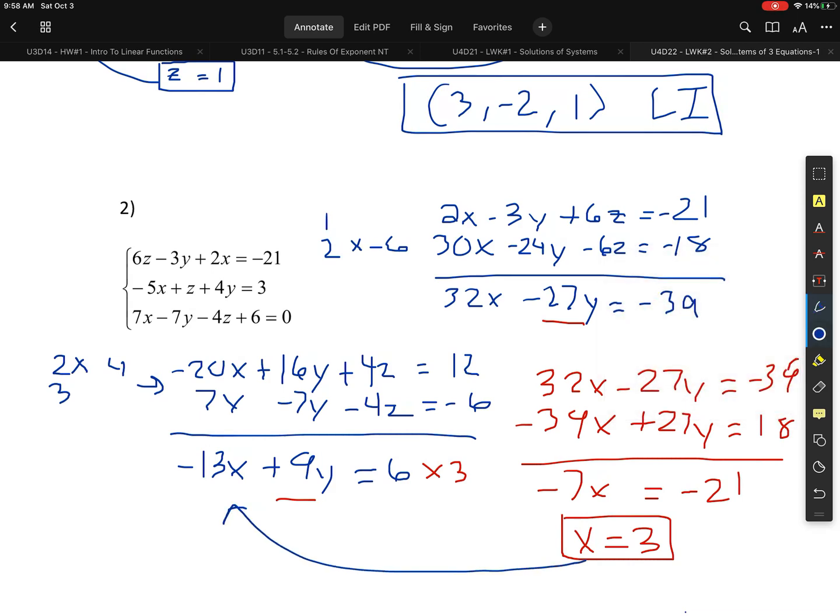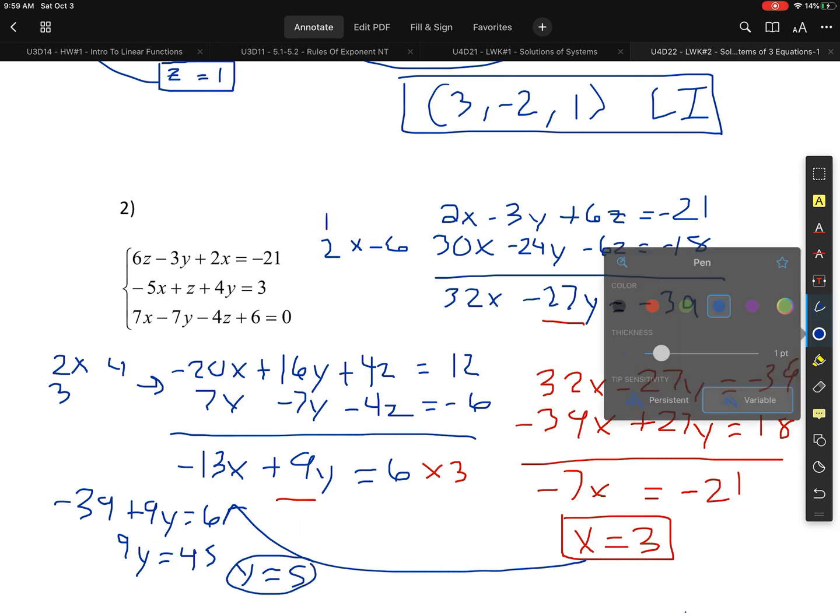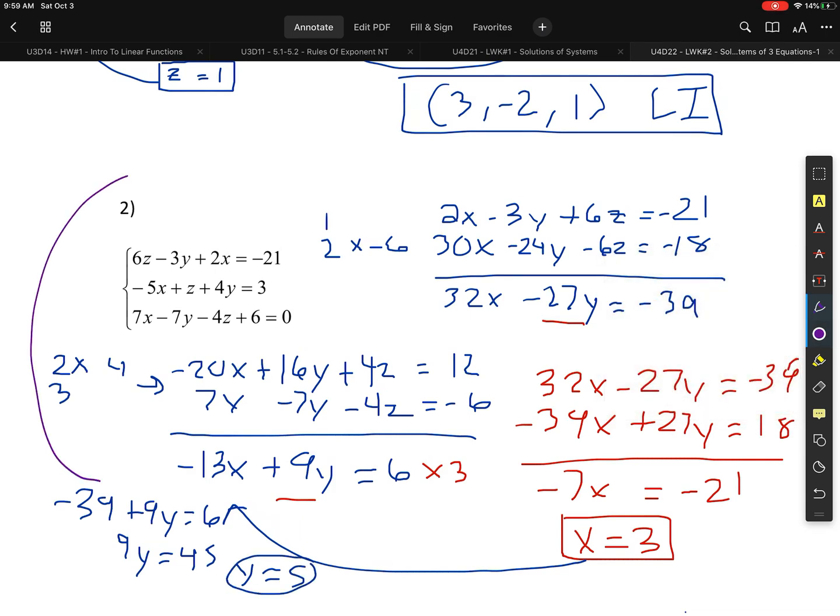All right, plugging in, I got negative 39 plus 9y equals 6. 9y equals 45. Y equals 5. And then going up the whole way, pick an equation, go with whatever equation you want.